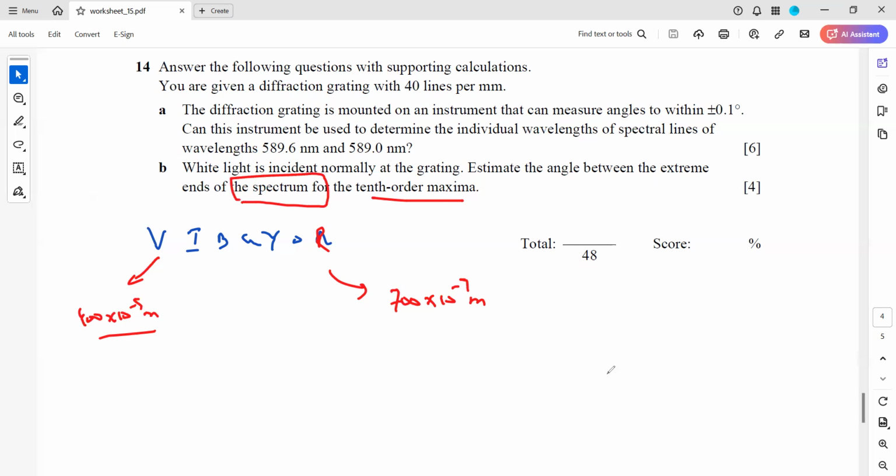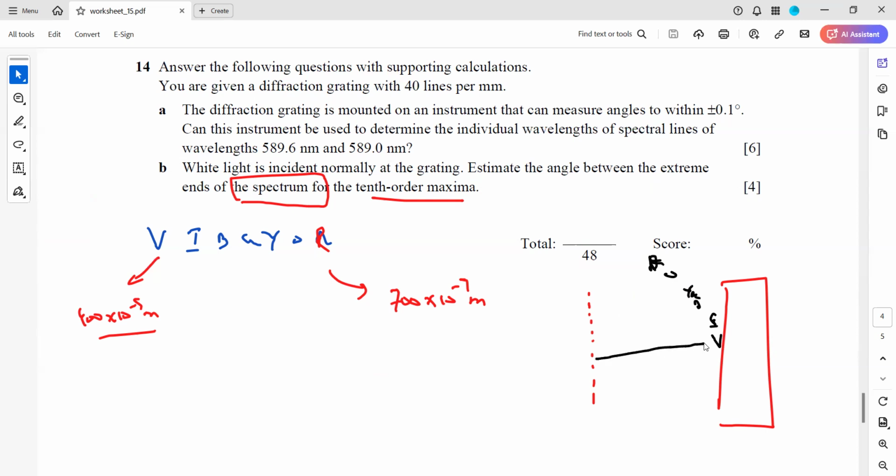So this is the diffraction grating, and here is a screen. Red has the longest wavelength, so it will diffract more. So we'll have VIBGYOR. Violet will diffract less.